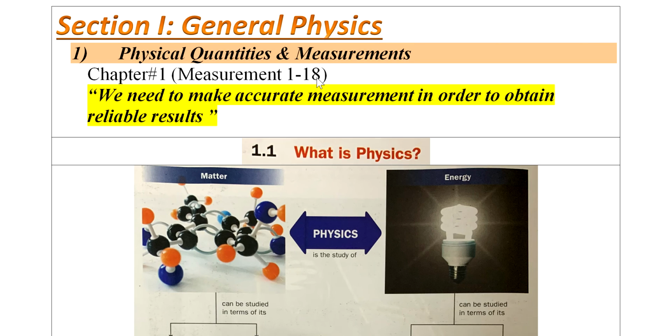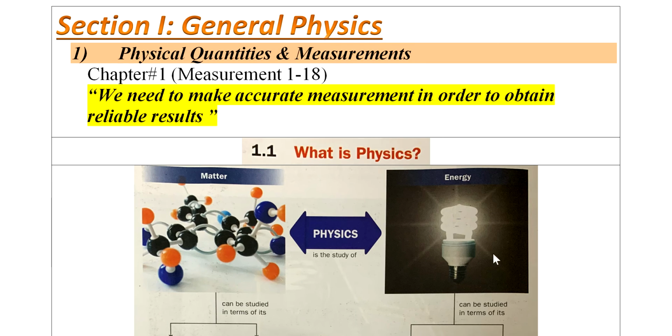And also write this quotation: we need to make accurate measurement in order to obtain the reliable result. That's it. Till this point everyone write on your notebook, and when we will start the topic, then you can write the name of the topic as well. In these two classes we will take things generally for understanding. So everyone write till reliable results.